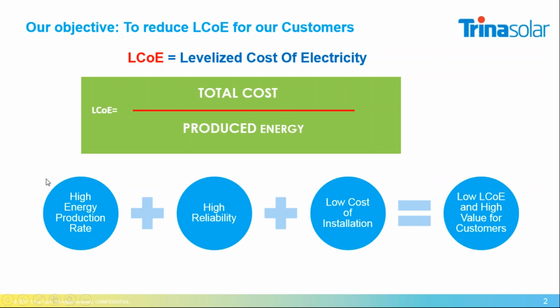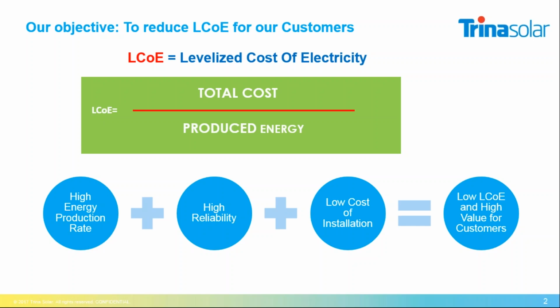So it's important to have a high energy production rate, because the higher the produced energy is, the lower the LCOE is. Then high reliability. High reliability directly impacts the costs, because you have lower operation and maintenance costs.